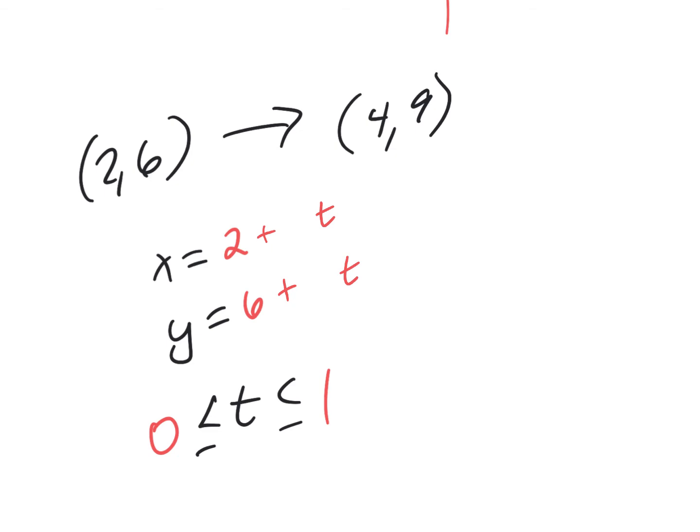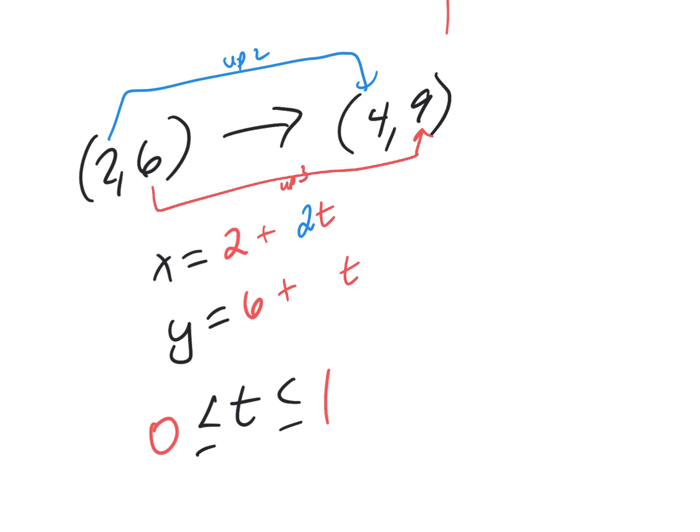How much did our x go up? From 2 to 4, it went up 2. 2t. How much did our y go up? Well, it went from 6 to 9. So that went up 3.